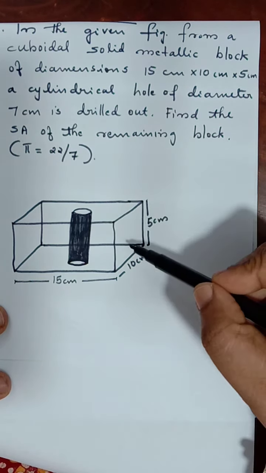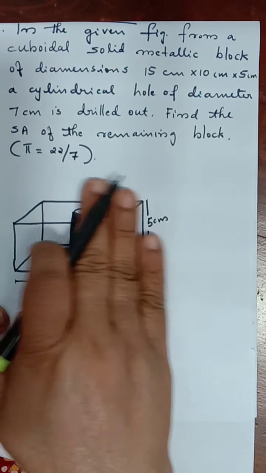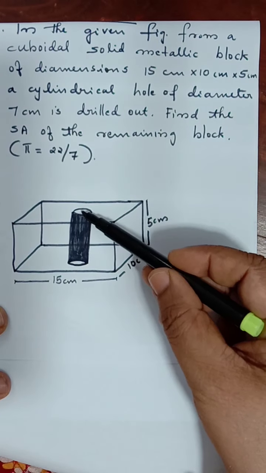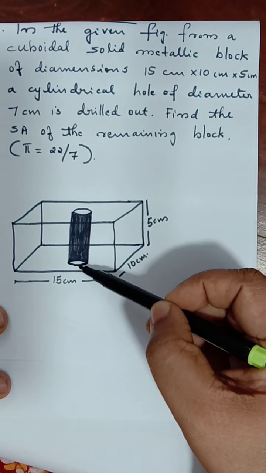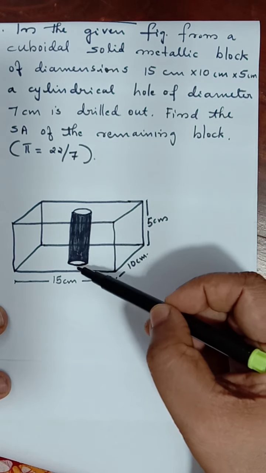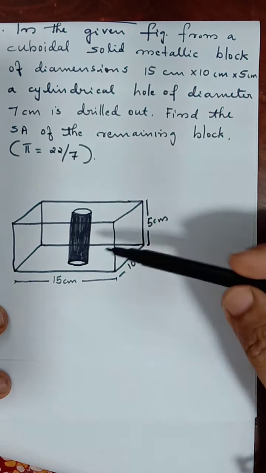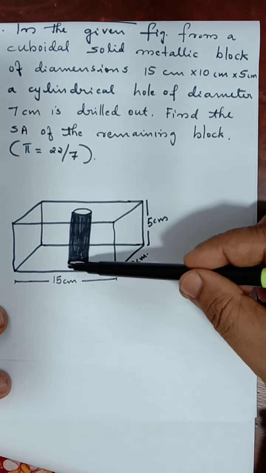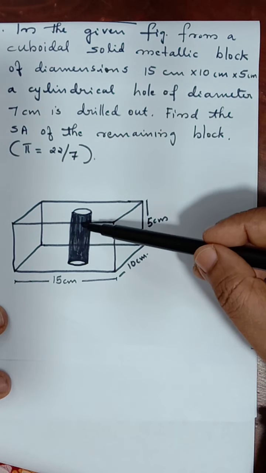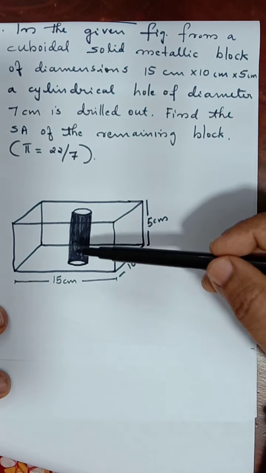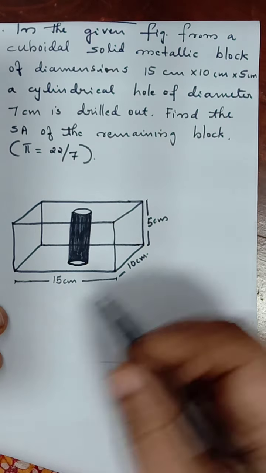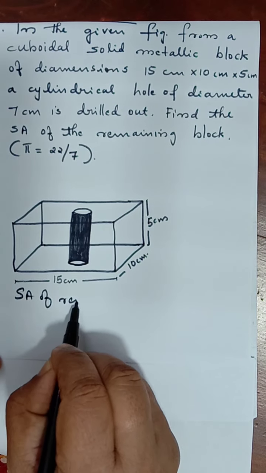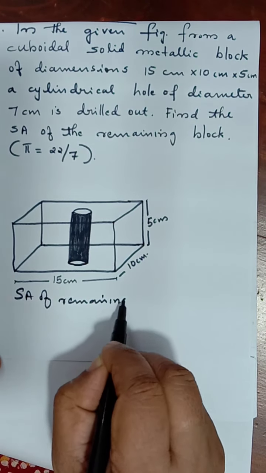So what all things we have to write here? Here we have the complete area of this cuboid, from which we have to subtract the top area as well as the bottom area. That is 2 circular areas we are going to subtract. Then we have to add the CSA of the cylinder. Cylindrical portion is there, its CSA is there. That area can be seen. That is how we can write the surface area of the remaining block.